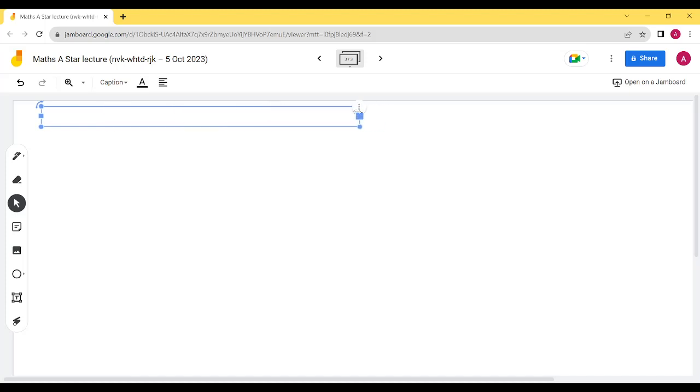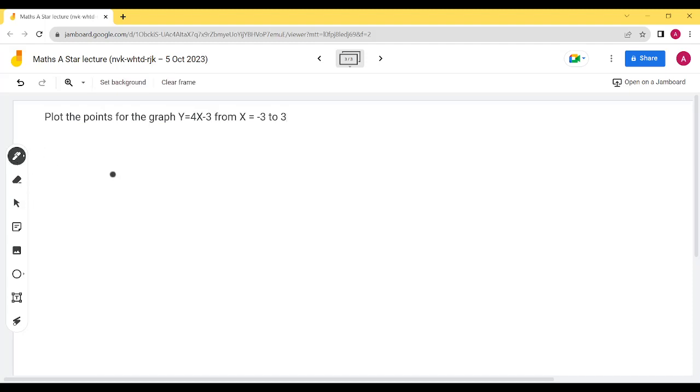So now what we're going to look at, as I say, is a couple more questions with y equals mx plus c. For the following one, we will say plot the points for the graph y equals 4x take 3 from x equals minus 3 to 3. In a question like this, we've got the equation y equals 4x minus 3, from x equals minus 3 to 3, and you will probably be given a table.